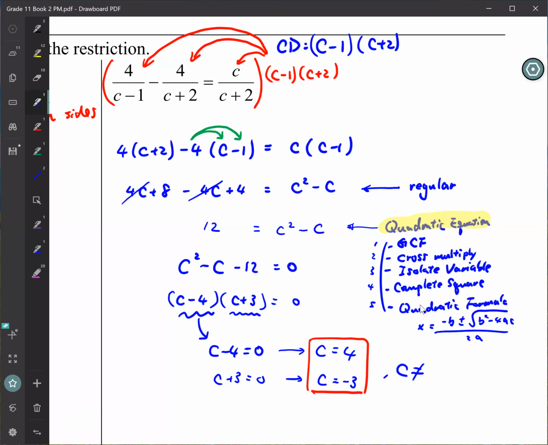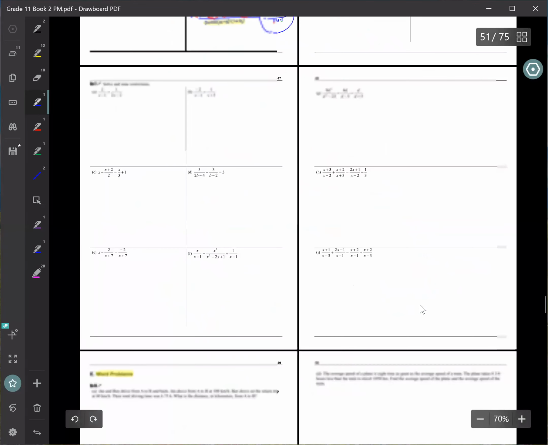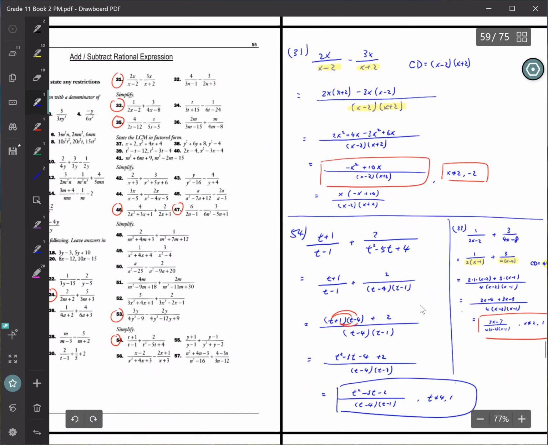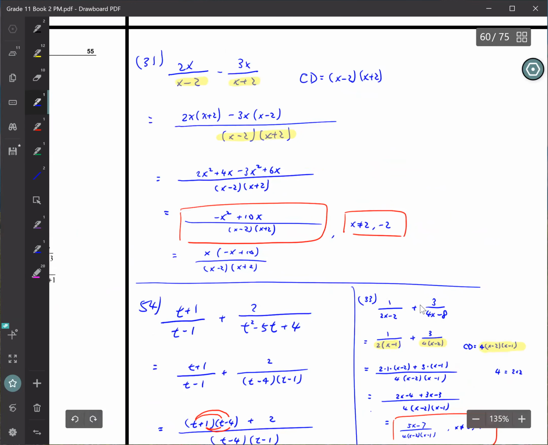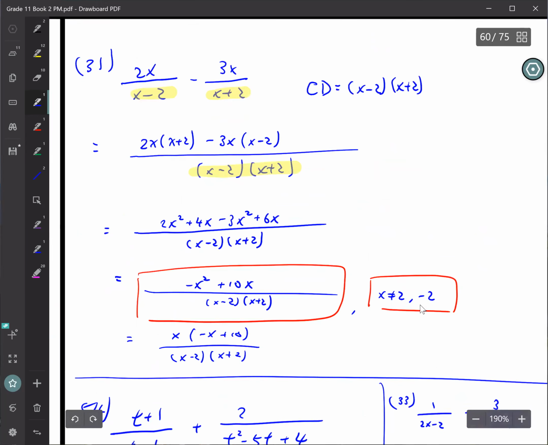Okay, hold on. Don't turn off the mic. Okay, I'm here now. Look at all these questions. This is last homework. We got the restriction, for example, 31. What's the restriction for 31? X cannot be 2 or -2.